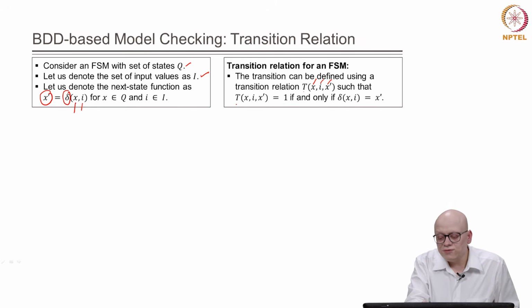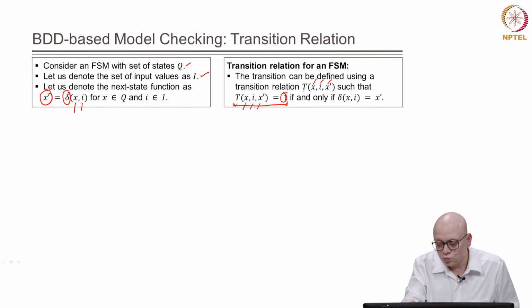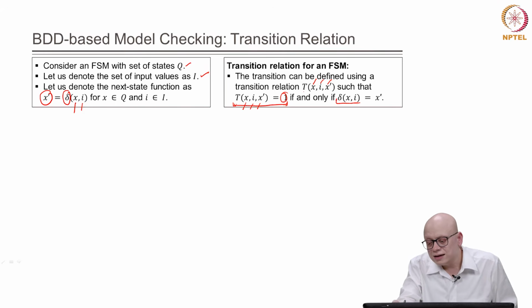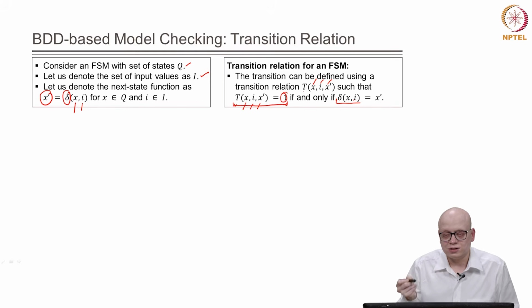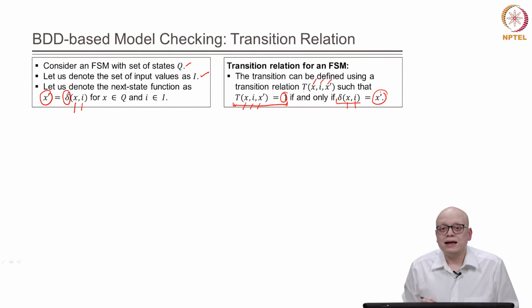If the transition exists in the FSM for a given x, I and the next state, then the value of the transition relation is 1, and if not, its value is 0. So, T(x, I, x dash) is equal to 1 if and only if there is a transition in the next state function from the current state x with the current input I to the next state x dash, right.